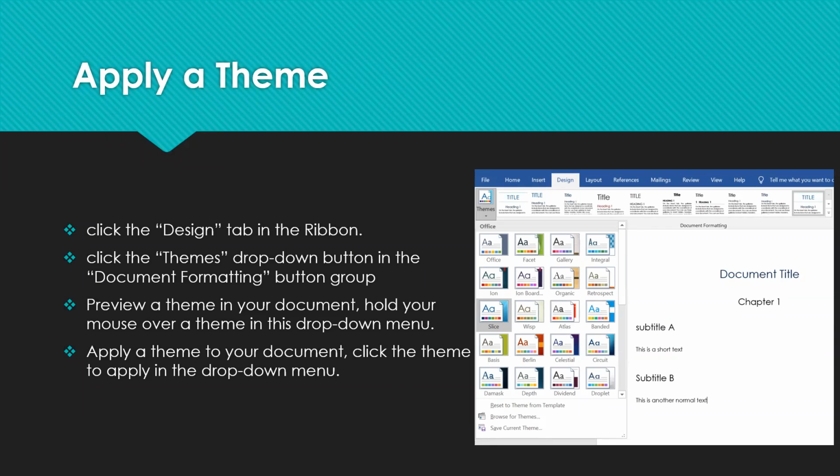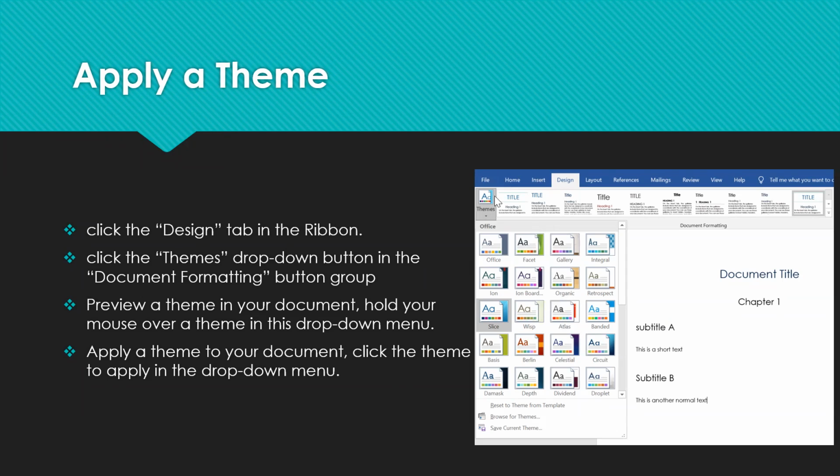Okay, let's continue the classes. We're talking about themes, right? So themes are present under the ribbon called Design. Under Design we have a lot of themes, so we can choose any of these themes. You can see every theme has different colors, different fonts, and different names also.